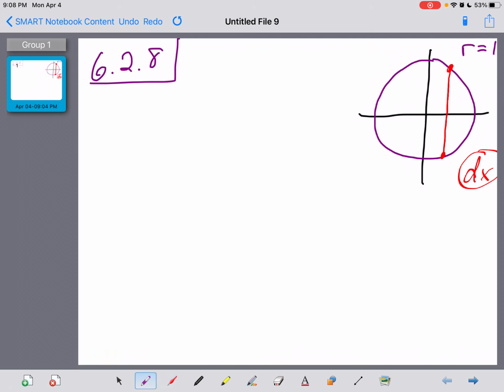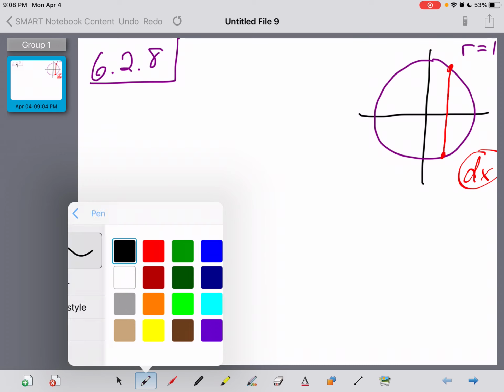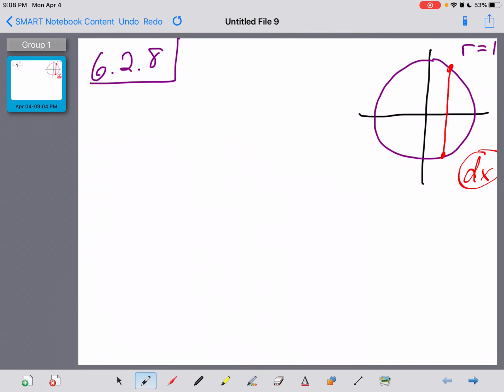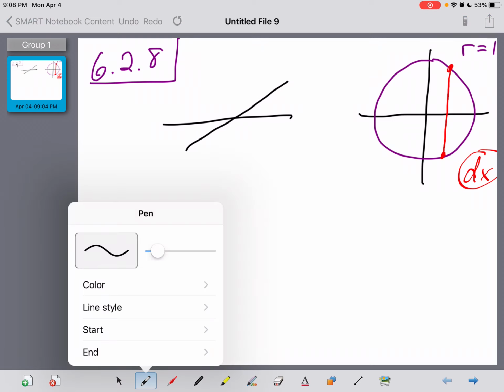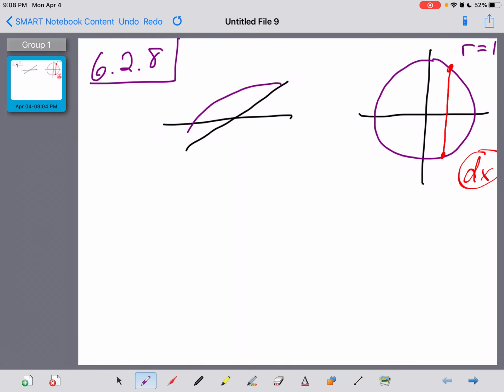If you wanted to draw the three-dimensional version of this, and there's really no need to do it if you don't like doing it, the way we've drawn this before is that our x and y plane would look something like this, and that circle would still be circular, but it would look a little bit more elliptical.